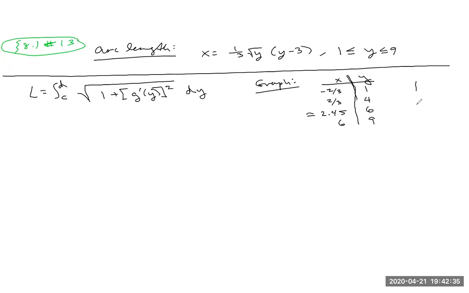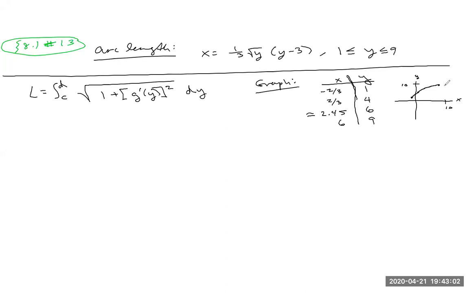So let's see if I can make this without it being too janky. Let's see, this is going to be y and x. This is 10 and 10. And you're going to have a curve that looks something like, let's try a little higher.